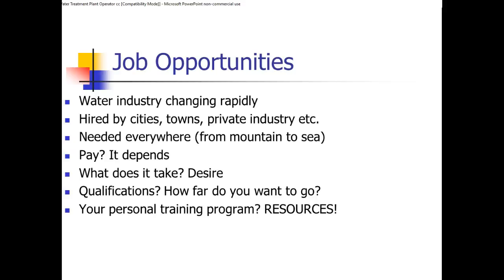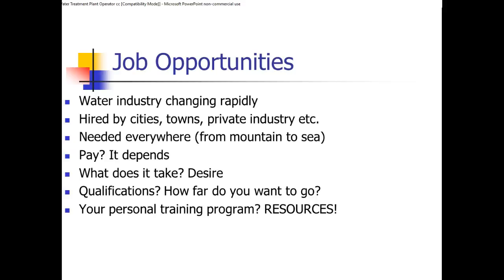So what does it take? Your hard work and desire. We have the ability to help you get certified, so that's what we want to do. And for qualifications, it depends on how far you want to go. You can make a very good living just going through and becoming a grade 2 or grade 3 operator without a lot of additional education.